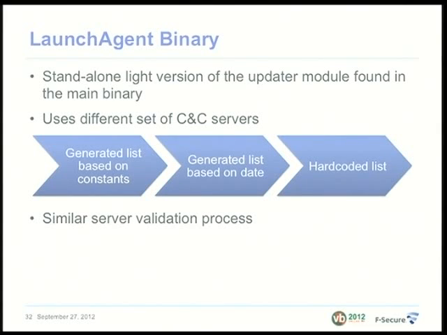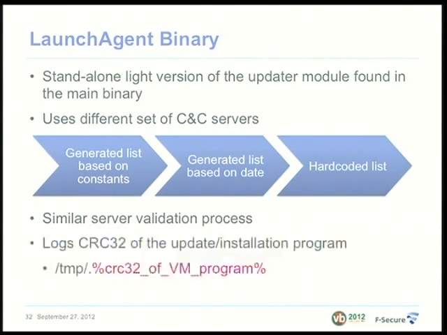It also employs a similar type of server validation, and it also logs the hashes of all executed update or installation programs. But this time, it uses the CRC hashing algorithm, and it uses the temp directory. So unlike in the main binary, once the temp directory is cleared, previously executed instructions may be executed again.